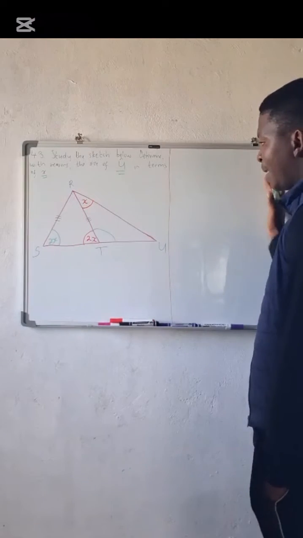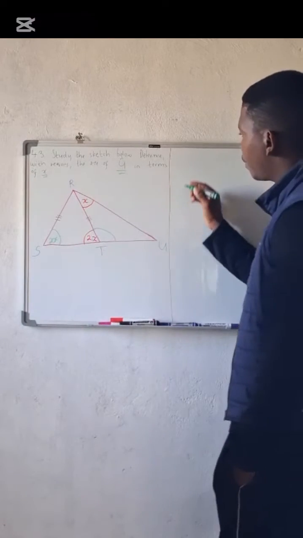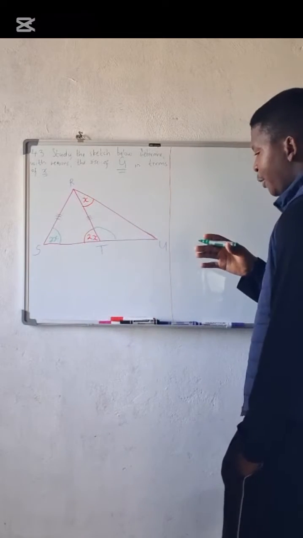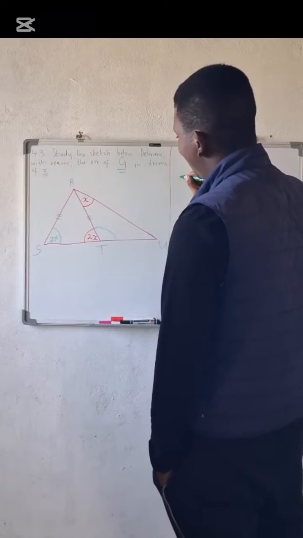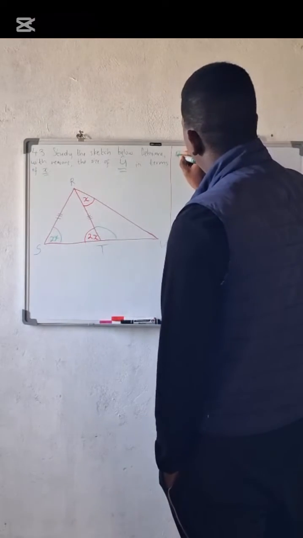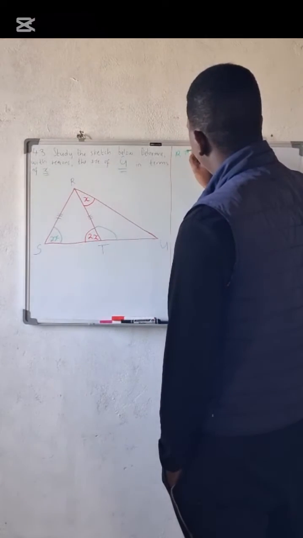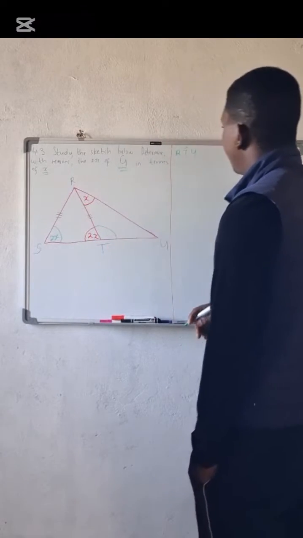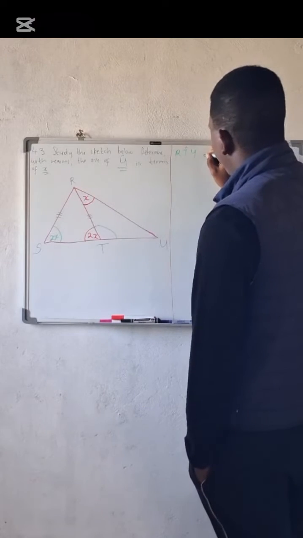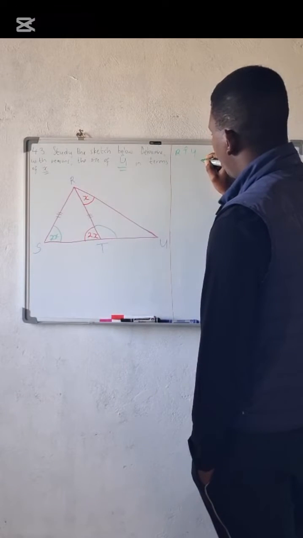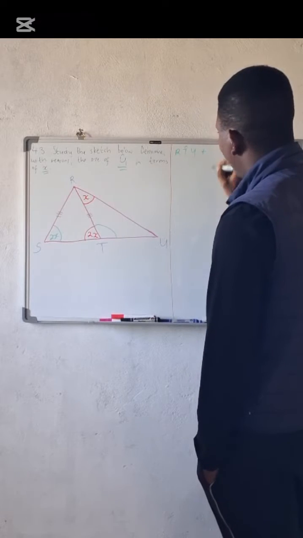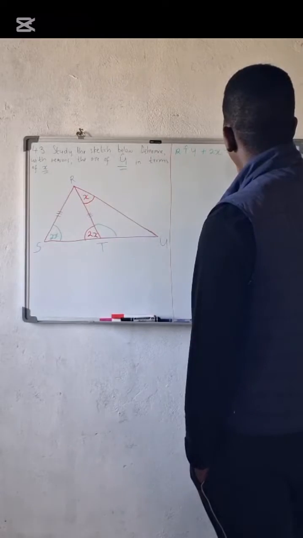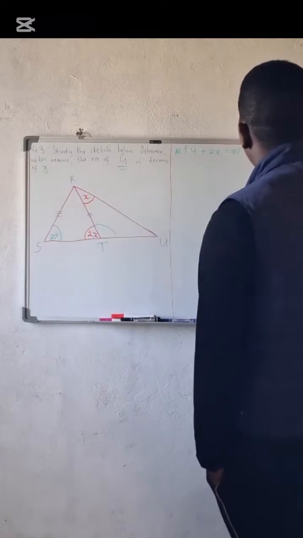I'm not going to keep writing reasons out; I'm just going to provide reasons using a bracket this time, because I'm dealing with a lot of algebra here. So to find this angle RTU, when I add that angle with 2x, I need to get 180. Angles on a straight line are equal to 180.